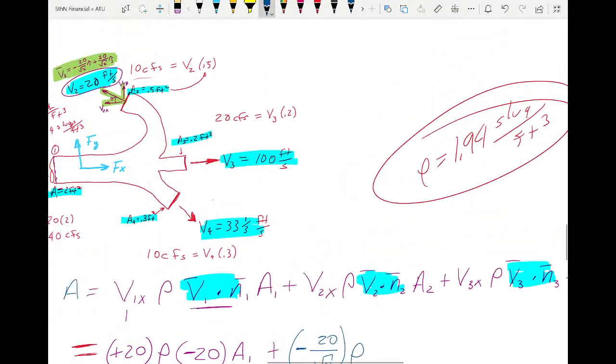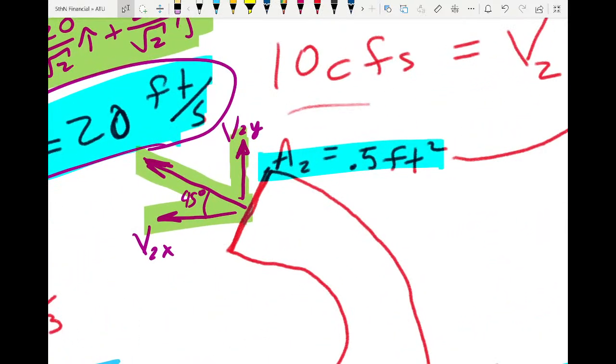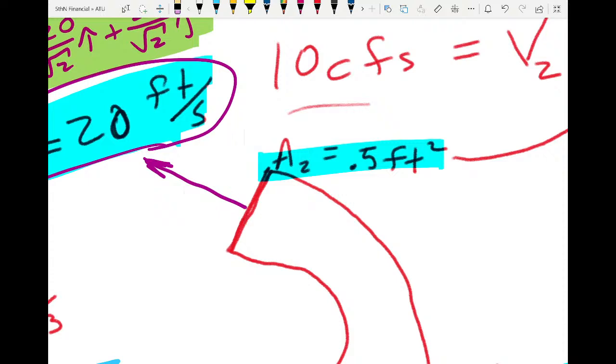Now V2, N2. This part, I'm going to have to pay close attention to. So I'm going to erase and remove some of the stuff I put in here from before. So it's true, this is V2. Normal, okay, this is something that I guess I should have talked about. Normal always points out of the control volume.